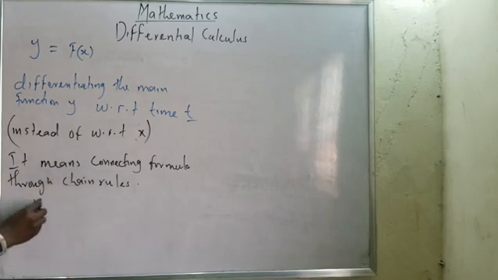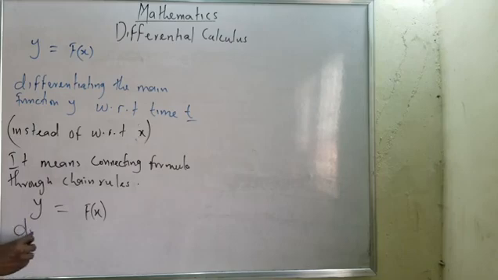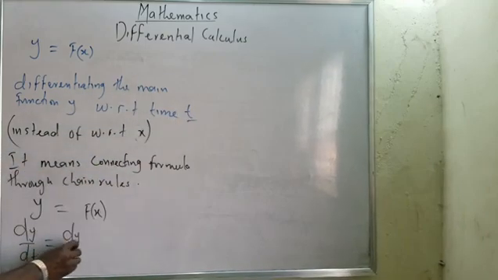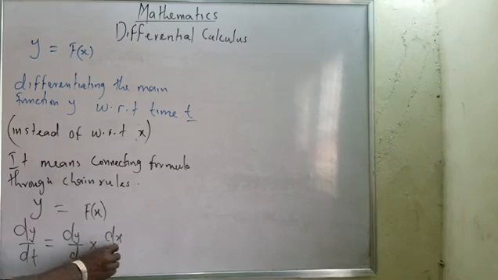My y equals f of x. The function I am working towards is dy/dt. It will be equal to dy/dx multiplied by dx/dt. You all know what is called the chain rule. By so doing this, that is how I will generate my answer.